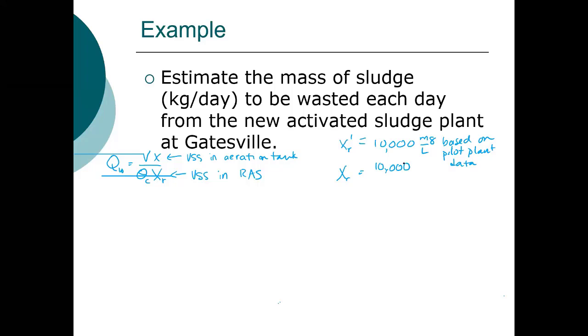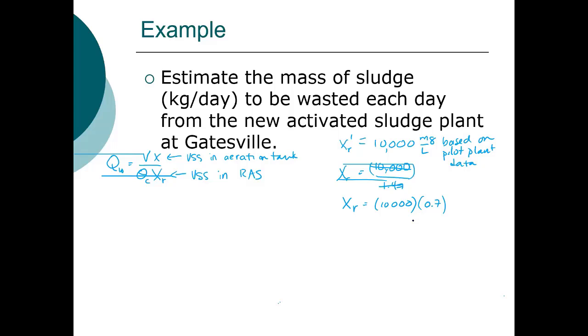It's 10,000 divided by 1.7. Actually, it's just XR is equal to, there's a rounding error, I'm just going to do it this way, times 0.7, because we said it was 0.7, and that's 7,000 milligrams per liter. I have it written as the inverse, but there's a rounding error, so let's just write it this way.